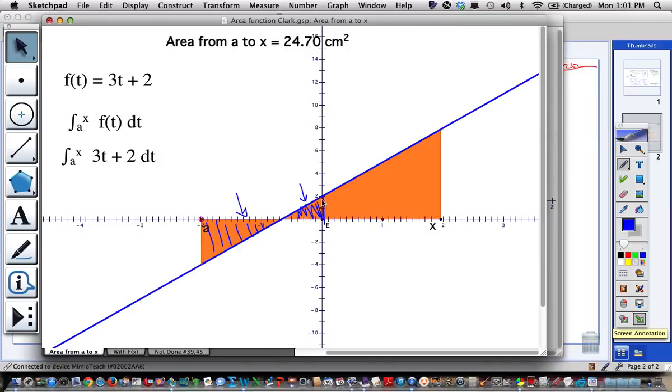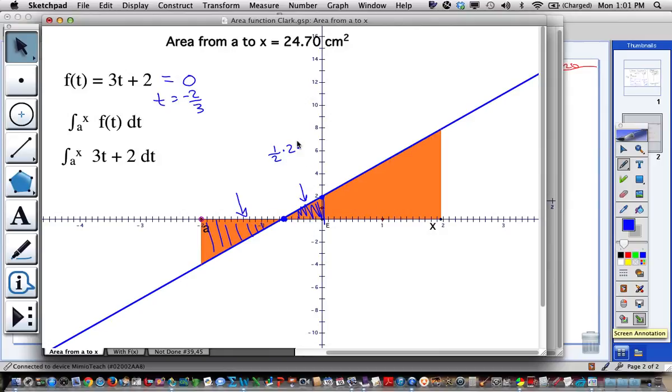All right, so what's this? Well, it crosses at 2. That'd be 1/2 times 2 times, what's this? Oh, we got to find out where that crosses, don't we? How would we do that? That would be where little f is 0, which would be at -2/3, right?